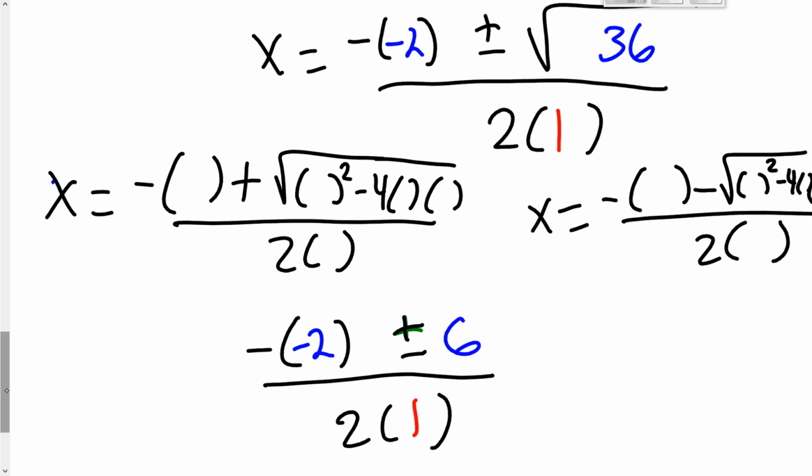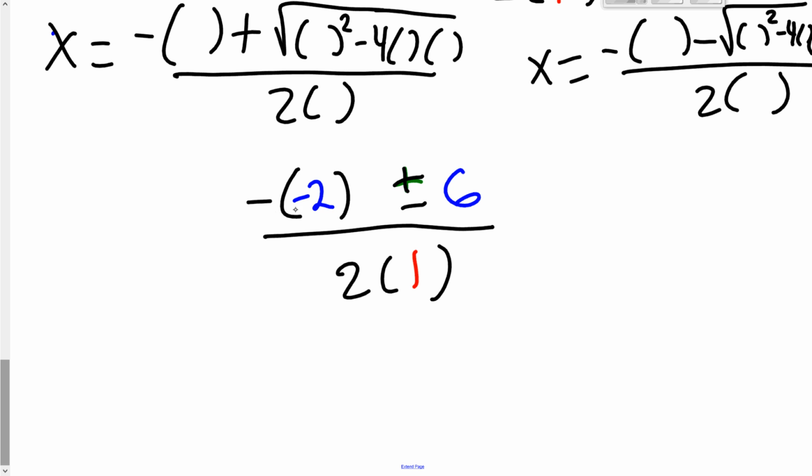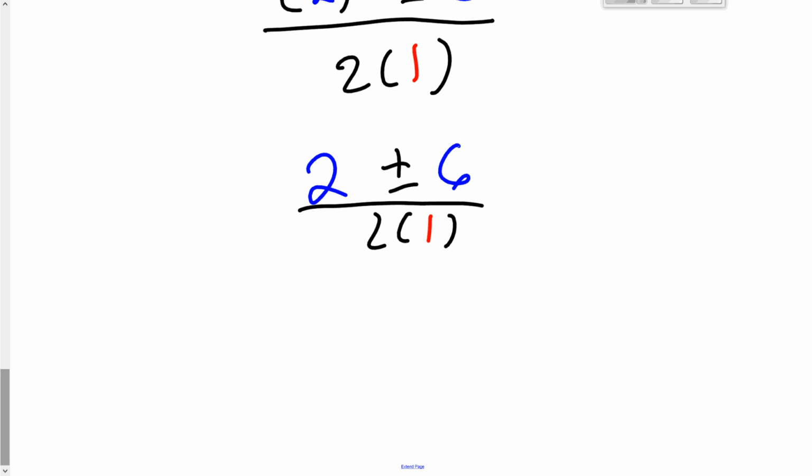Now negative negative 2 is positive 2, then plus or minus 6, all over 2a. A lot of this you can do all at the same time. I'm just going real slow about it. Then 2 plus 6, or I can simplify the 2 times 1 on the bottom, so let's simplify that.